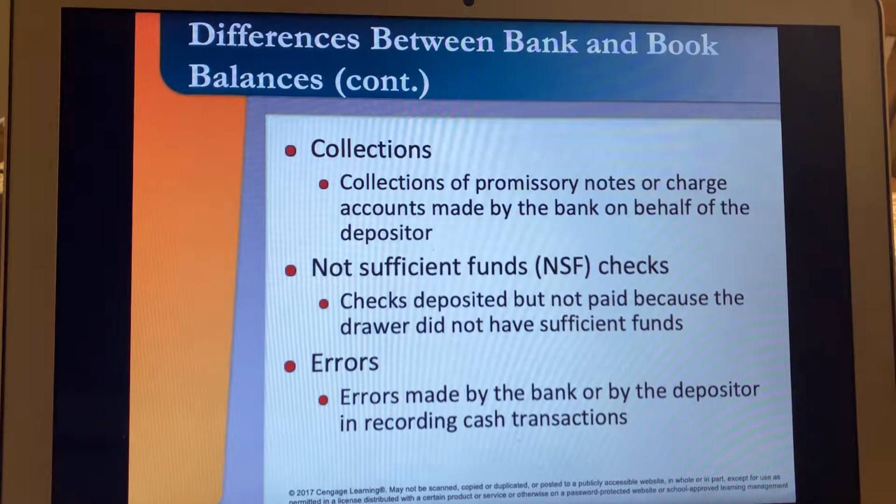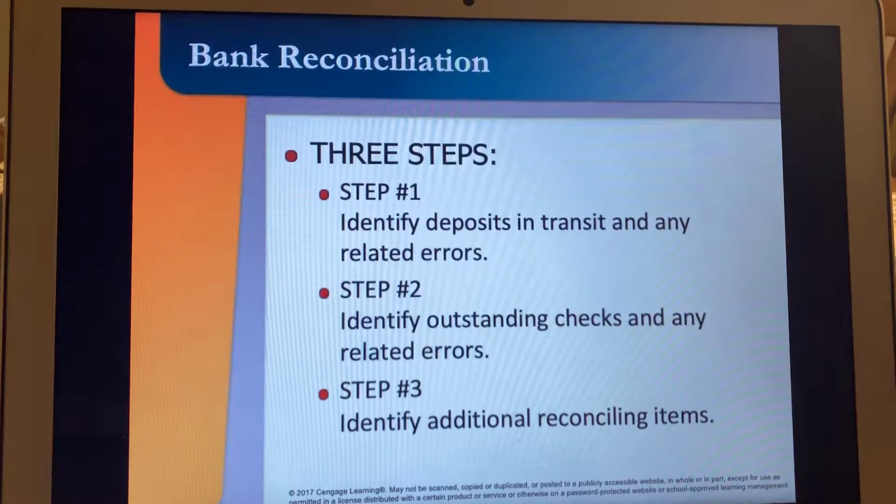Collections: collections of promissory notes or charge accounts made by the bank on behalf of the depositor. Not sufficient funds, NSF, checks: checks deposited but not paid because the drawer did not have sufficient funds. Errors made by the bank or by the depositor in recording cash transactions.